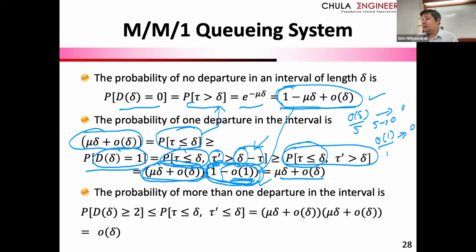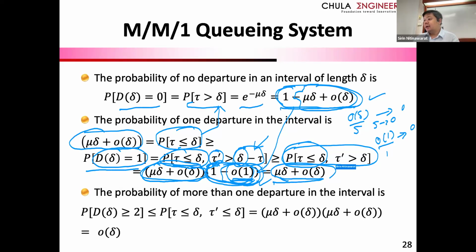So look, this little o of 1 can be these two sums, because the sum of mu delta and little o of delta is definitely going to 0 as delta is going to 0, right? For this calculation, we don't need to put the whole thing because it doesn't change the asymptotic behavior of the result.